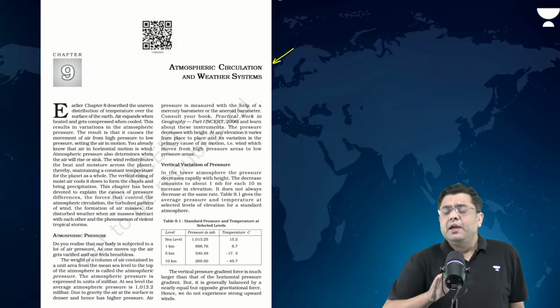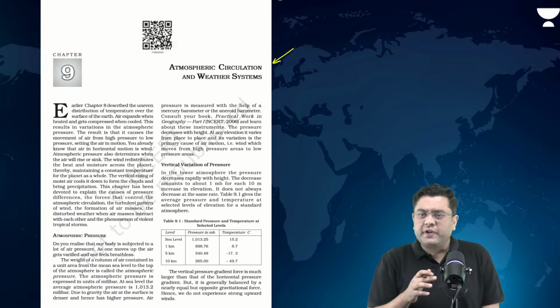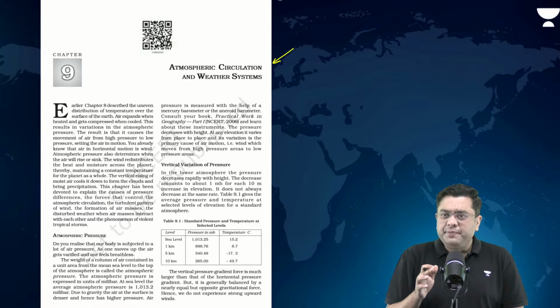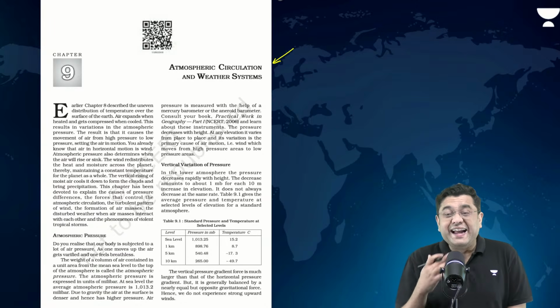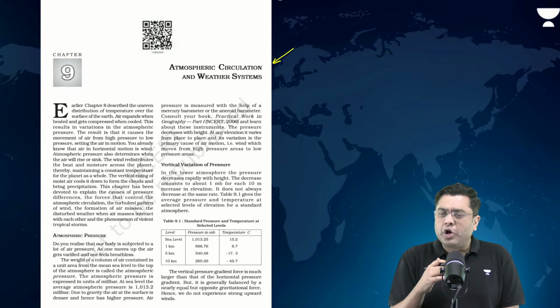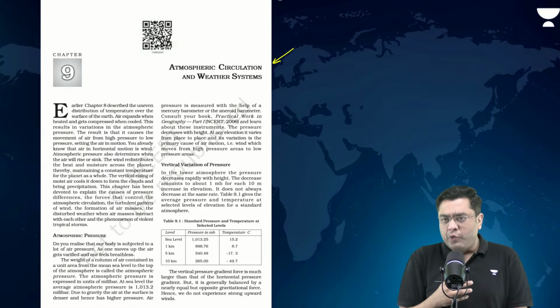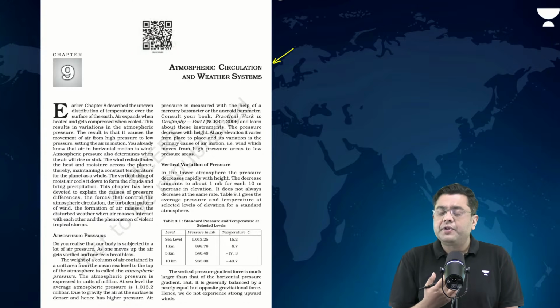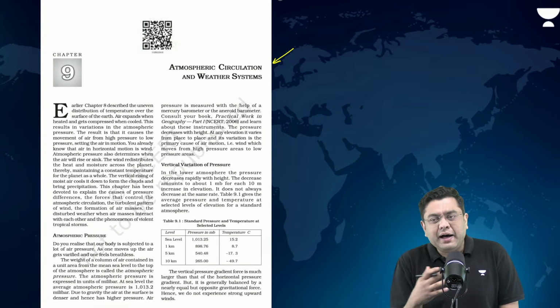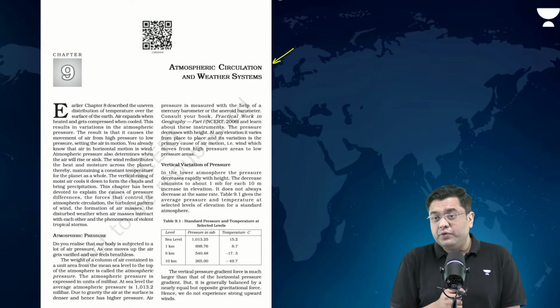So, in this chapter, we have already managed to discuss the case of the pressure systems, how the pressure gets created, dynamic pressure, thermal pressure, the wind pattern, the factors influencing the wind movement, permanent wind systems, the local wind systems, the pressure belts, and now air masses and cyclones.